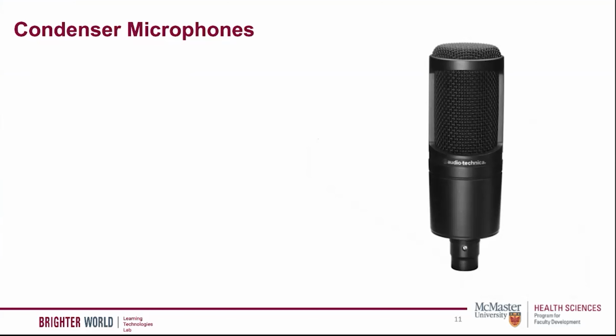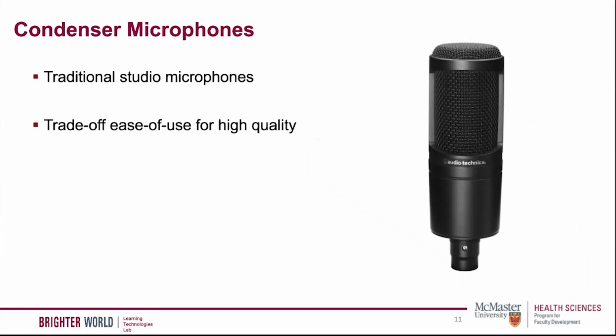Secondly, we have probably the most popular for low studio grade microphones, and that's condenser microphones. They often trade off ease of use for high quality, and it's a much richer tone. There's a classification of microphones that often ranges from cold to hot, and it's fairly simple to evaluate that.